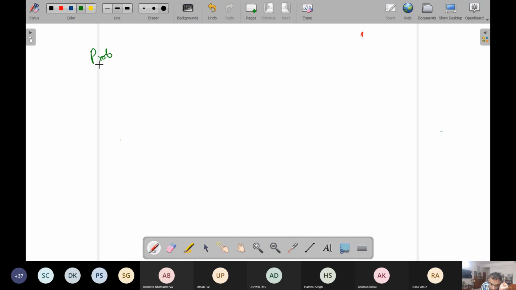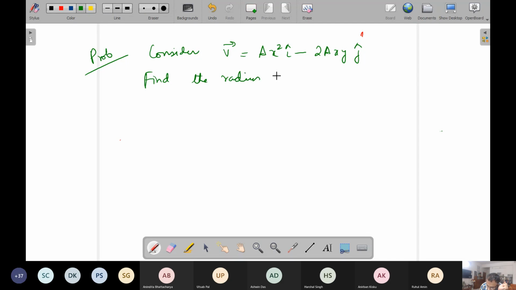So the problem: consider the velocity field, a two-dimensional velocity field. From this, find the radius of curvature of a streamline at a given point, say 1, 3.